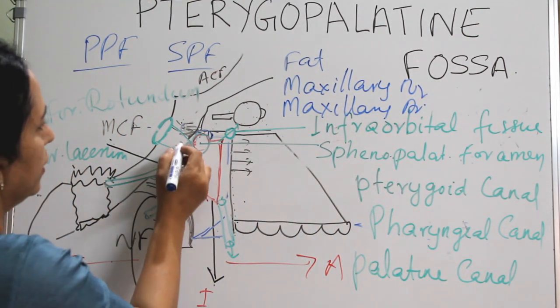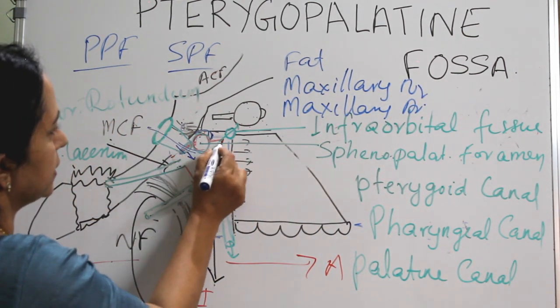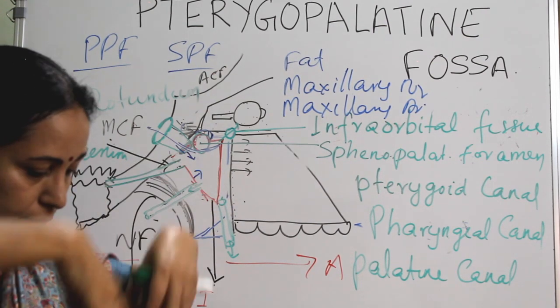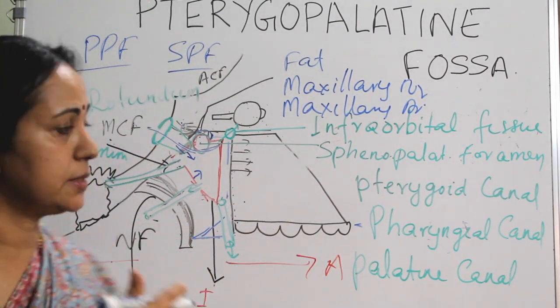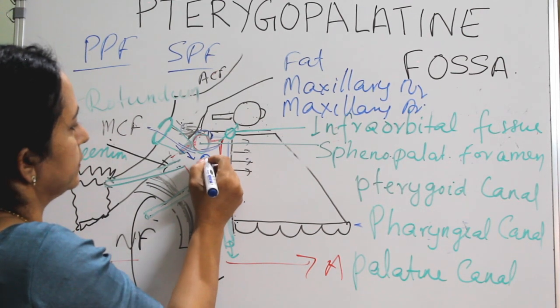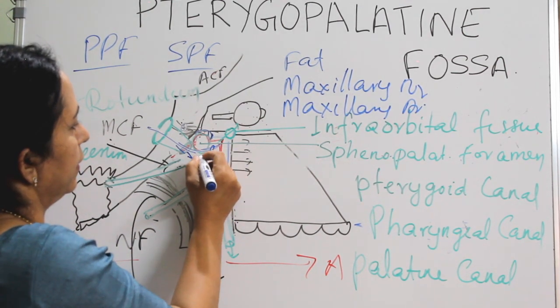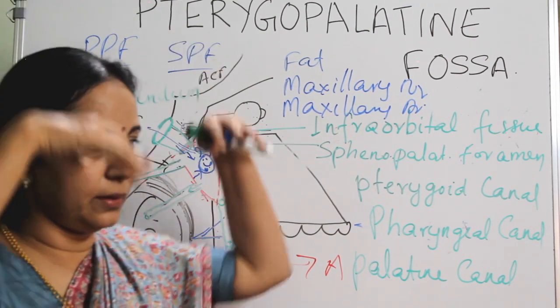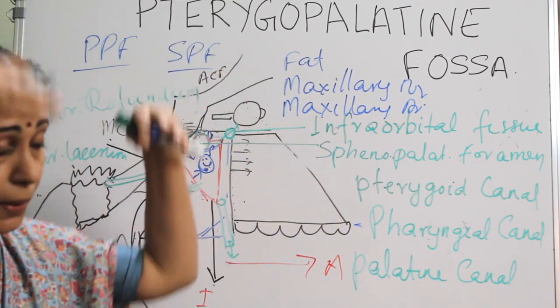The maxillary nerve comes like this, and suspended from the maxillary nerve is the pterygopalatine ganglion. It is suspended from the maxillary nerve like a monkey.